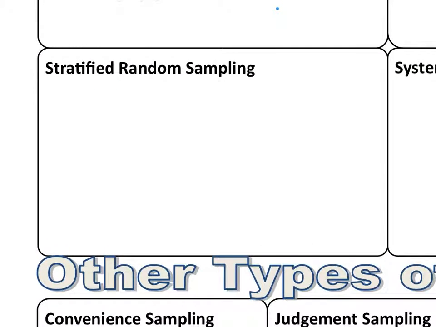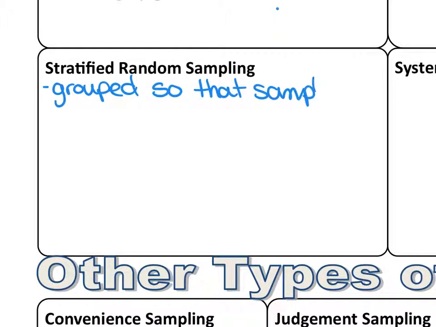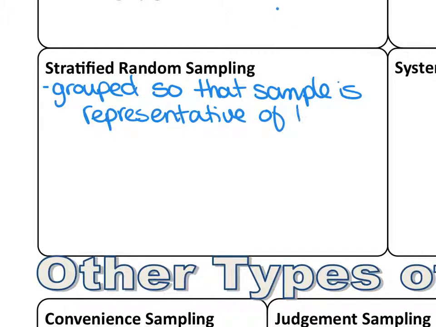Stratified random sampling is still grouping, but it's grouped kind of differently. In which case it's grouped so that the sample is representative of the entire population.